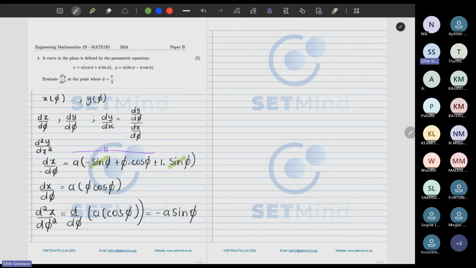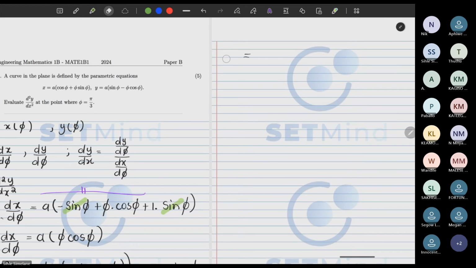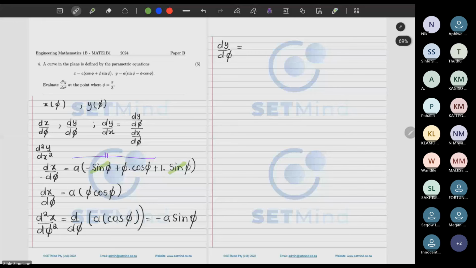Now we need to go and deal with y. dy, if anyone, guys, wants to lead us, how do we find this one? It is going to be equal to what?